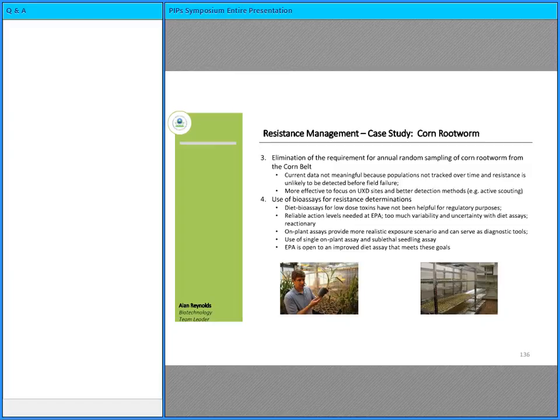Because of that dynamic, it's going to be very difficult to see a meaningful shift in susceptibility that would be below the level of field failure. So rather than waste resources on something that we didn't feel would be a very meaningful approach, we decided to instead more effectively focus on these unexpected damage cases and better detection methods and scouting approaches.